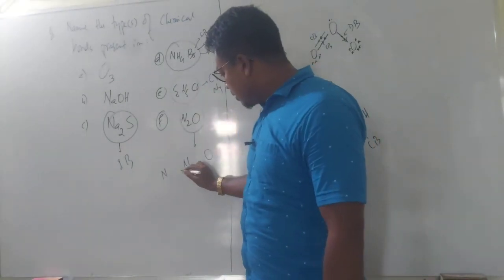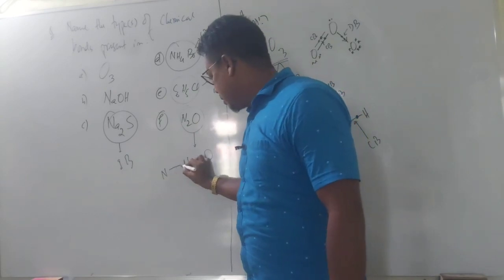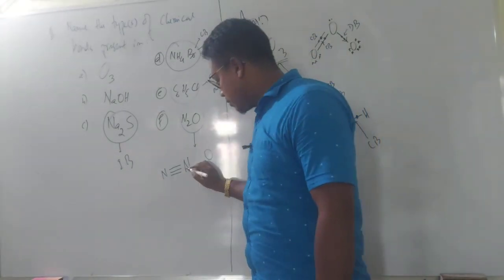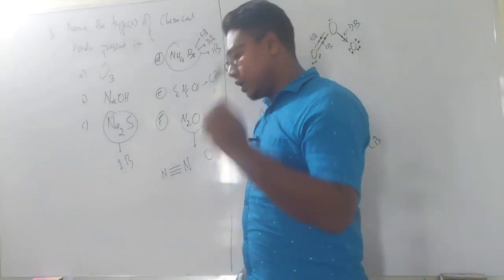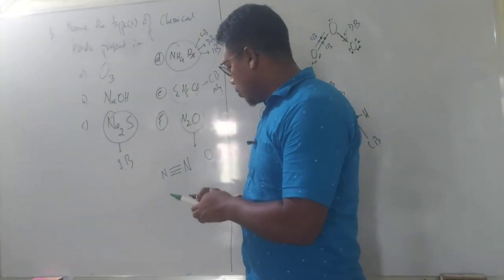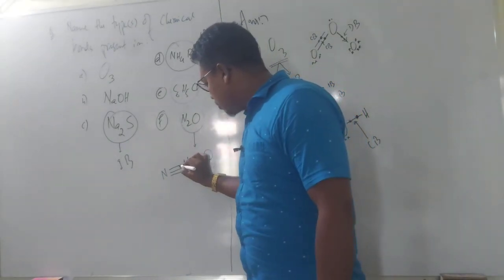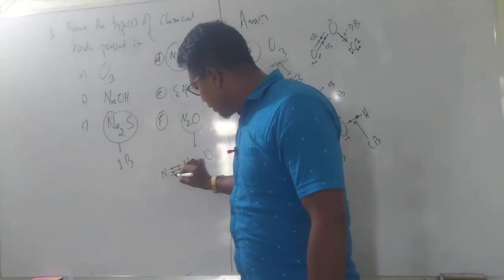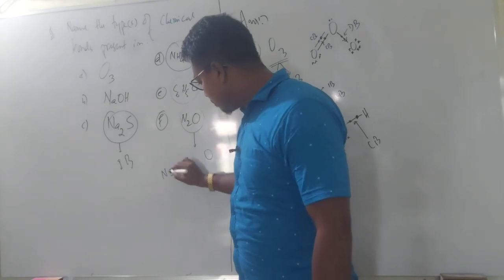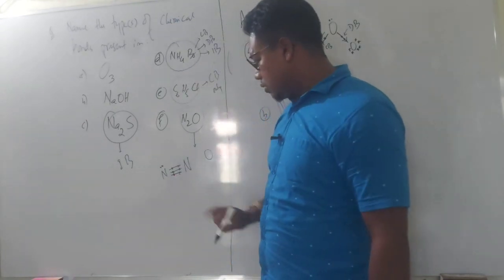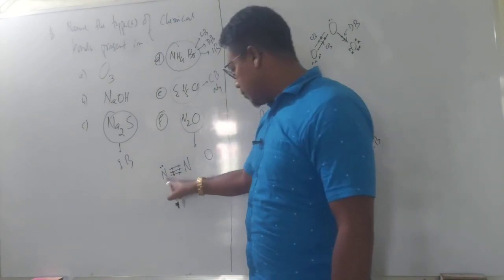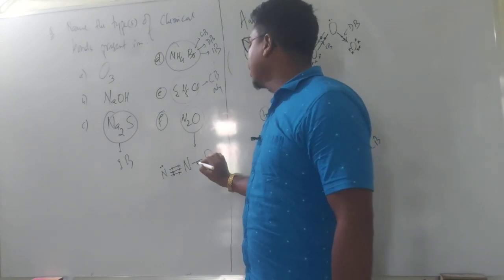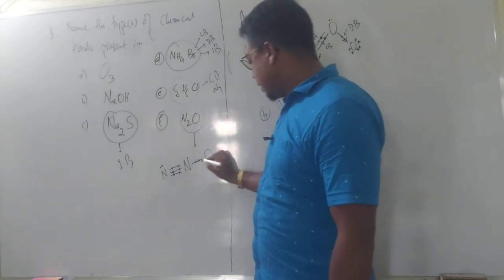Okay, so let me draw the quick structure of this N2O. Now this nitrogen has 5 valence electrons, so out of those 5 valence electrons, 3 are used here, and 2 electrons will be left on this nitrogen atom, while the 2 electrons of this nitrogen atom will be used in making a dative bond between this nitrogen and this oxygen atom.